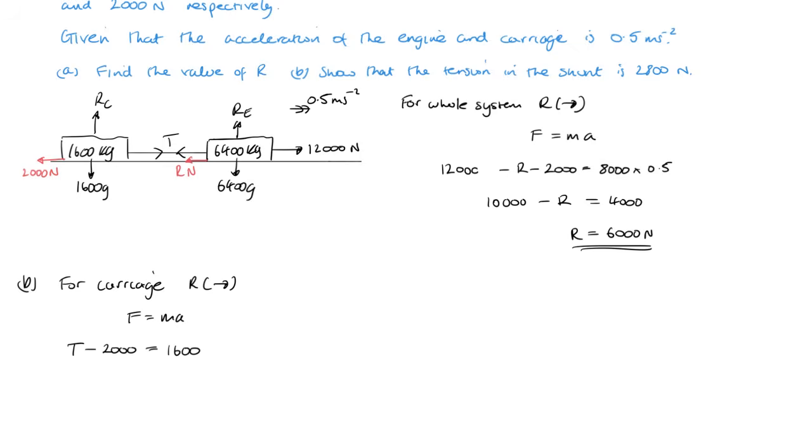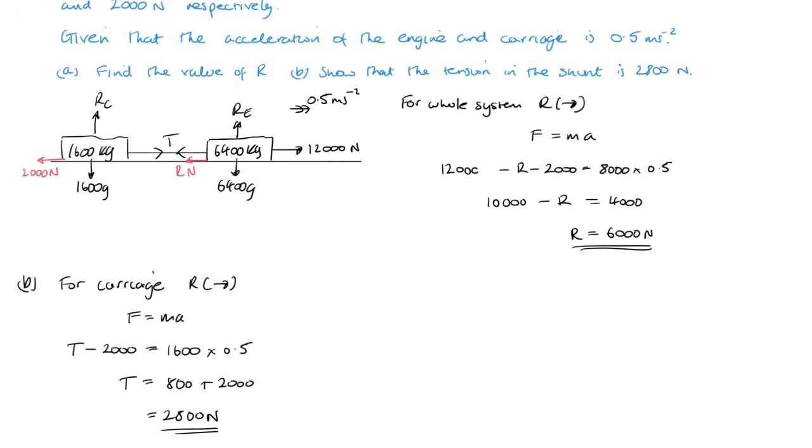The mass is 1,600 and the acceleration is 0.5. So T is equal to 800 plus the 2,000, so 2,800 newtons, which is what we had to show. Okay, very easy question, this one.